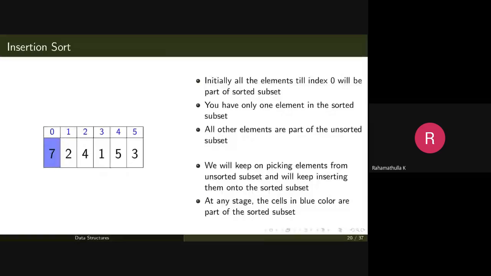So the boundary is kept here. We'll keep on picking elements from unsorted subset and we'll keep inserting them onto the sorted subset. So we'll pick 2, then we'll insert here. Then next time we'll pick 4, then insert to the sorted subset, and so on.